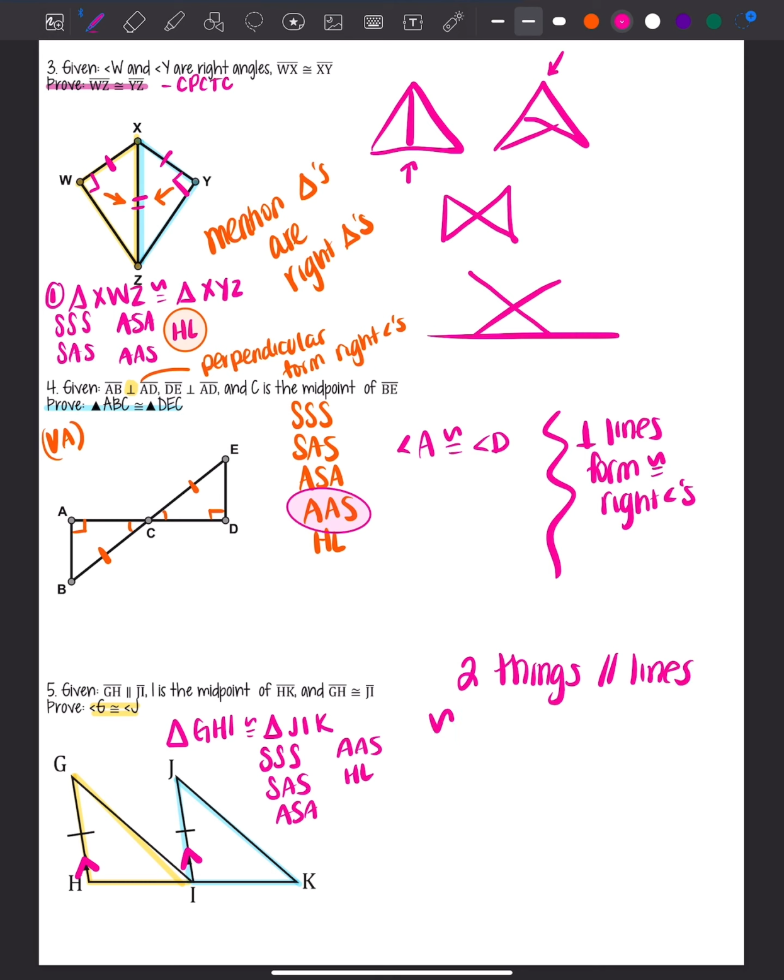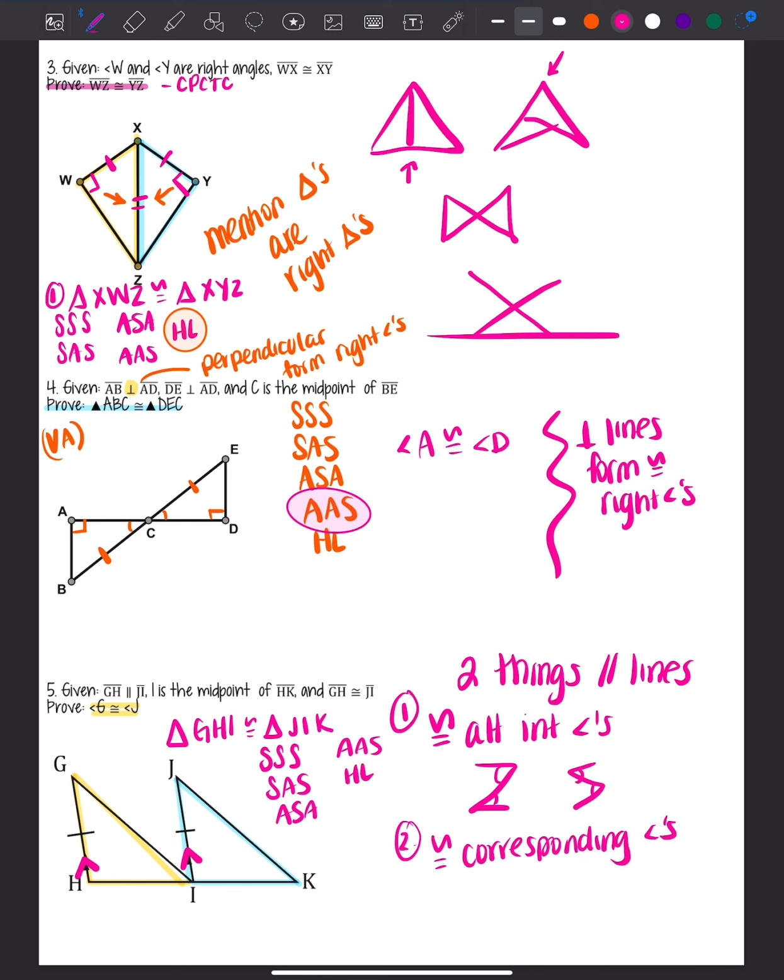We can either get congruent alternate interior angles. What that looks like is a Z. My Z could either be this way or this way. It doesn't matter which way my Z is flipped or switched. I can get those, interior or exterior, but usually it's interior. And then I can get congruent corresponding angles.